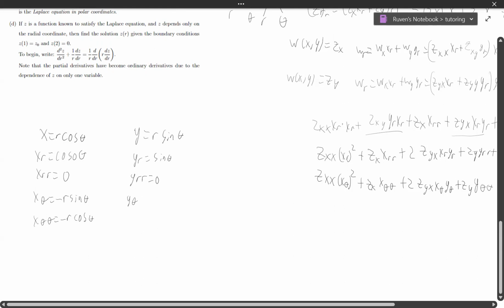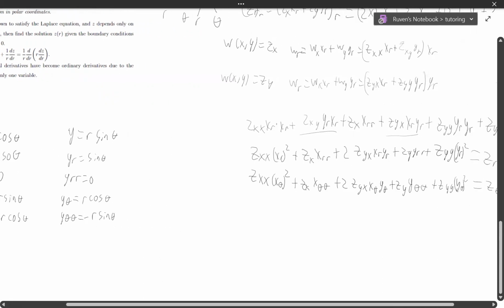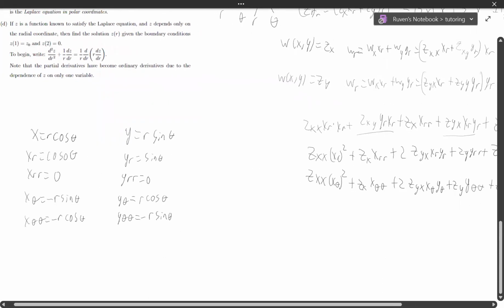Then y theta is equal to r cos theta, and y theta theta is equal to negative r sine theta. Cool. Now we can start the plug and chug I was talking about.